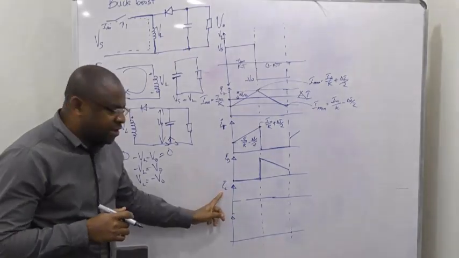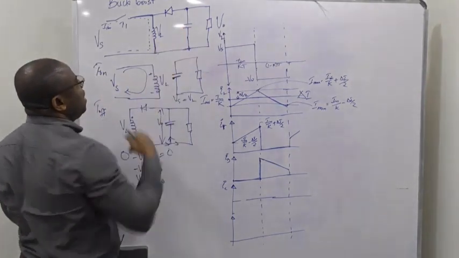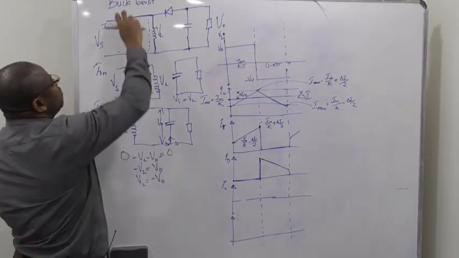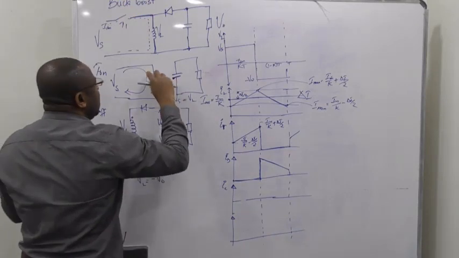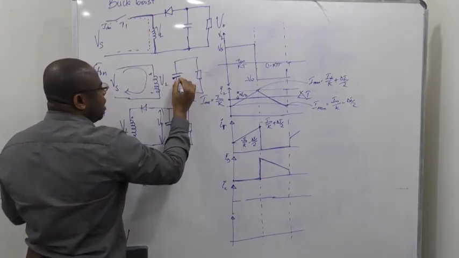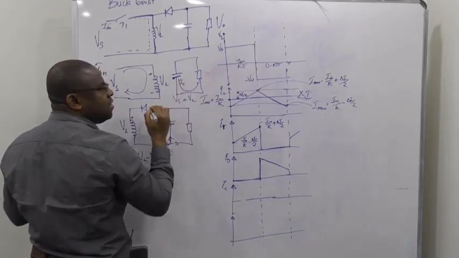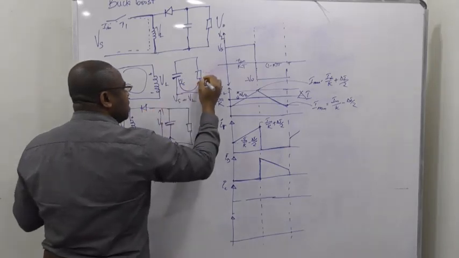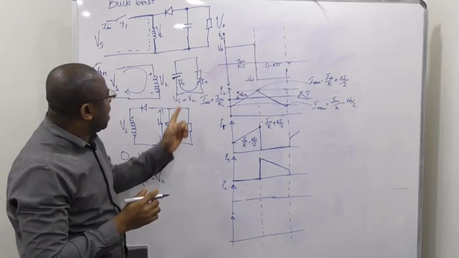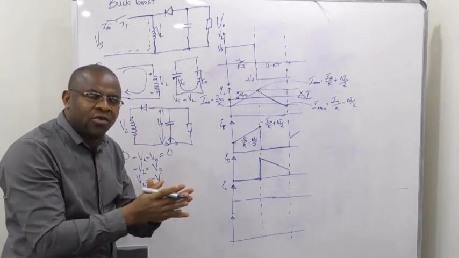Now, what about the capacitor? The current flowing through this capacitor. Let's check what happens at time of on. When you switch this on, current flows through here, which means that IC is the same as minus IO, so that IC plus IO gives you 0.